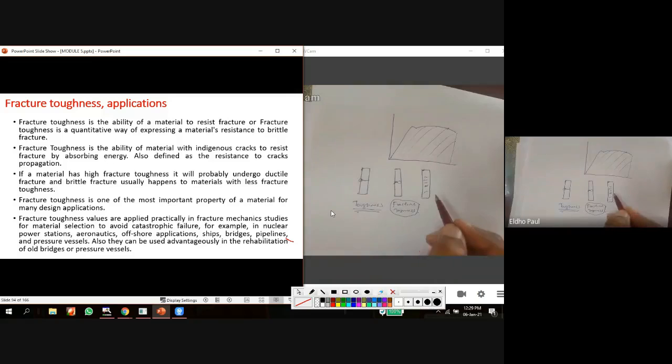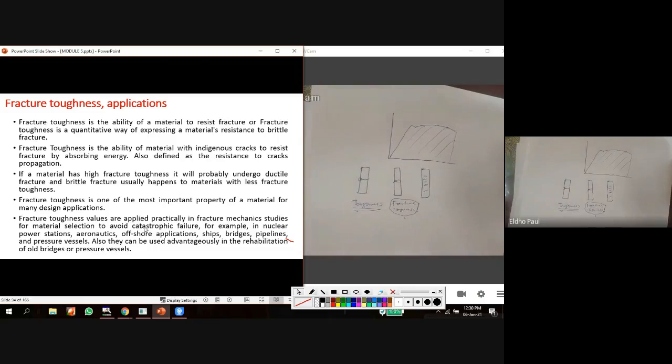So how much energy is required for crack propagation? That is fracture toughness. We have to design based on fracture toughness to withstand the load without any crack propagation.